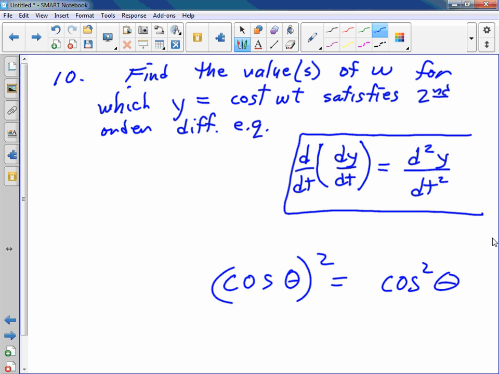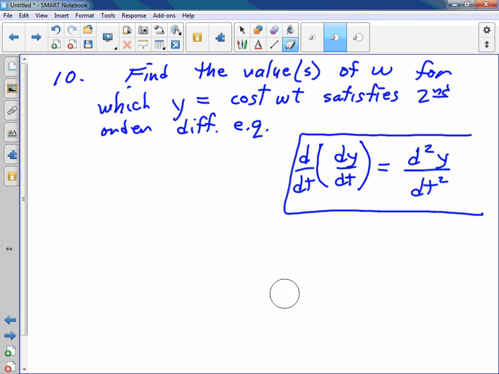So anyway, a word of warning. It's ugly notation, but you see it all the time. So this is the second derivative of y with respect to t. And you'll see this in a second order differential equation.